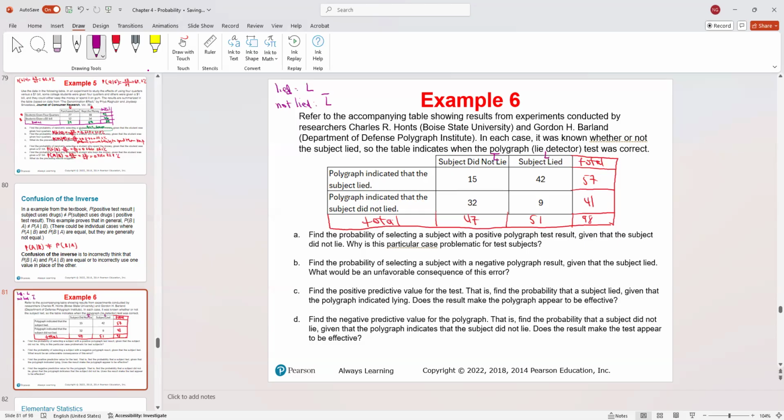Lied, did not lie. And then remember, the subject lied, but we have the results, right? So positive results, we're going to say positive result, okay?